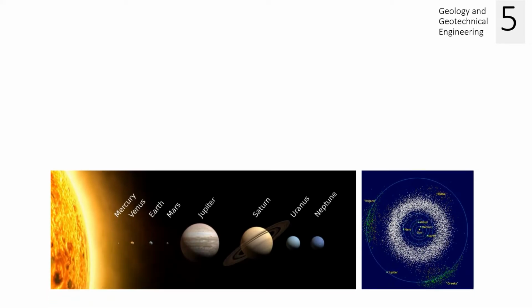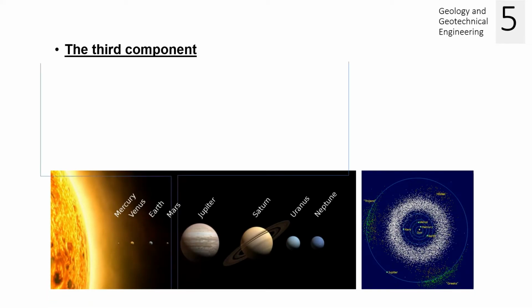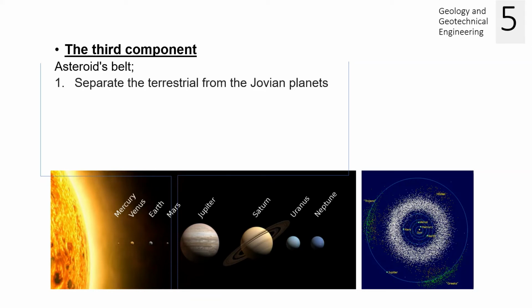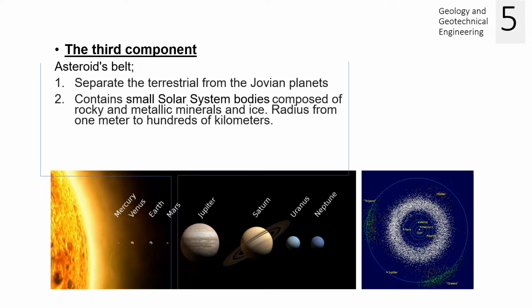The third component of the solar system is the asteroid belt, and the asteroid belt simply separates the terrestrial planets from the Jovian planets, and it contains small solar system bodies composed of rocky and metallic minerals and ice.